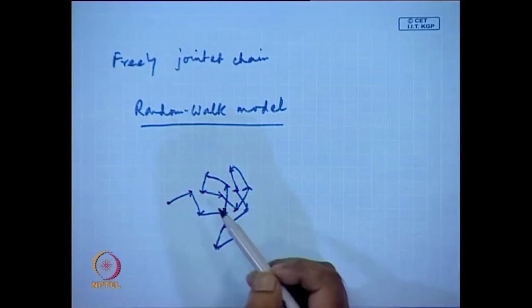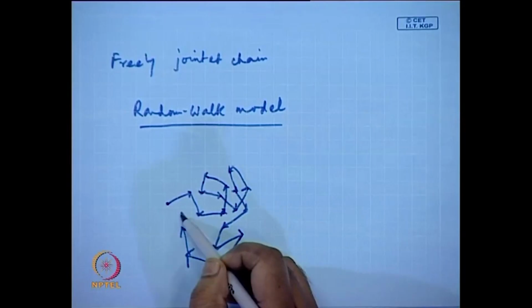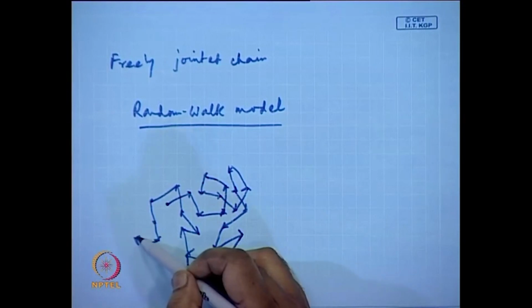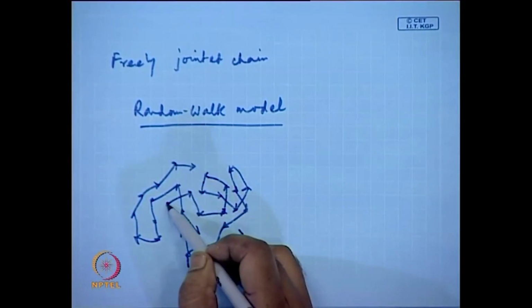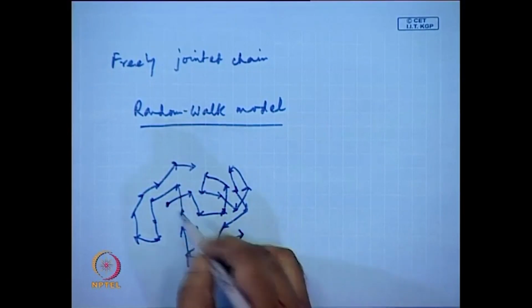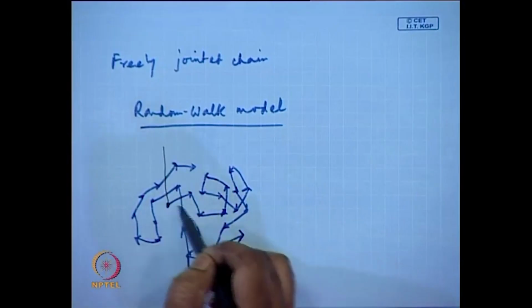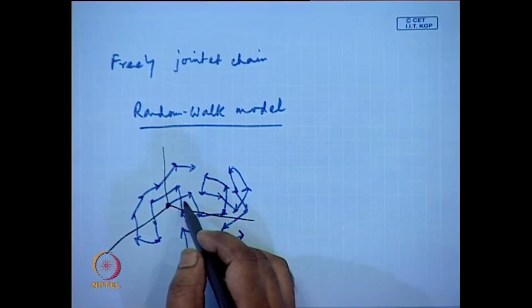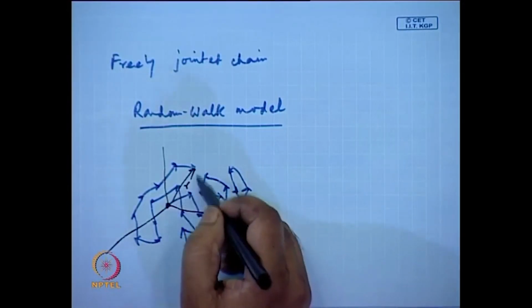I can continue in a random way. So, one end is here. What the model does is make a 3 dimensional coordinate where one end is placed as the origin, and this is r.